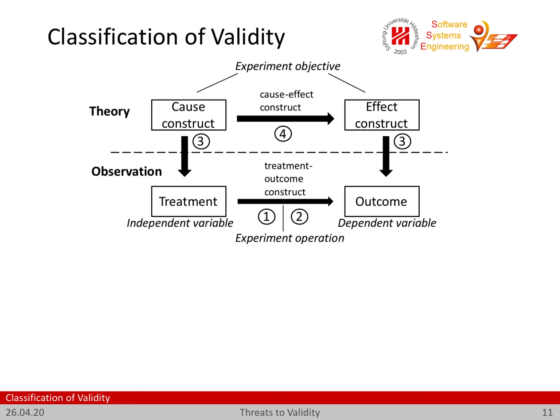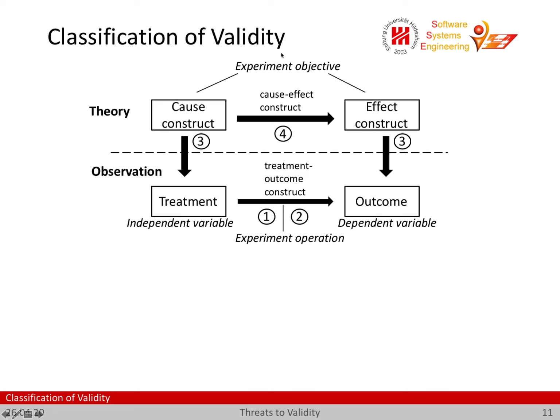Fundamental to understanding the notion of validity is to go back to our general model of research, or more precisely of empirical research. We said that in empirical research we want to have a theory on the one hand.